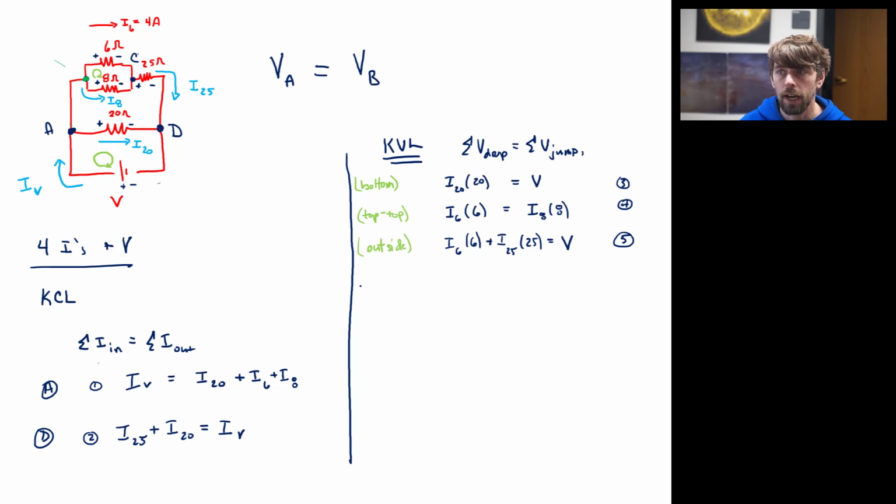So looking at equation 4, we have that 4 amps times our 6 ohms is equal to the current flowing through resistor 8 times 8 ohms. And so we immediately can solve equation 4 for the current. It must be, well, 4 times 6 is 24, divided by 8. Good. It's 3 amps.